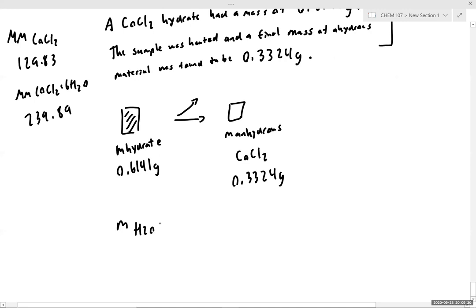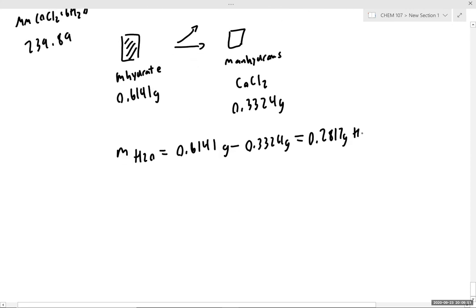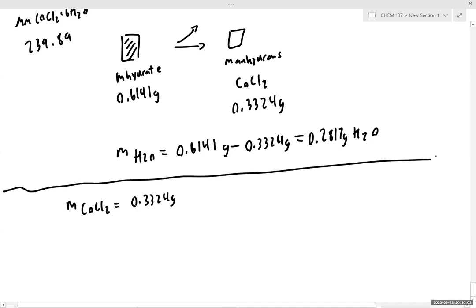Now we need to calculate the mass of water by taking the mass of our hydrate minus the mass of our anhydrous sample, which gives us 0.2817 grams of water.